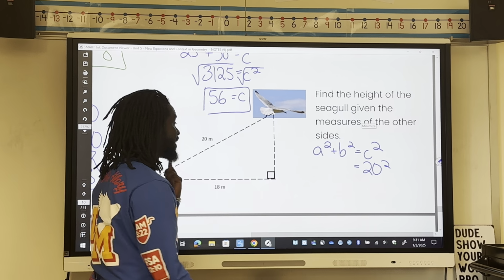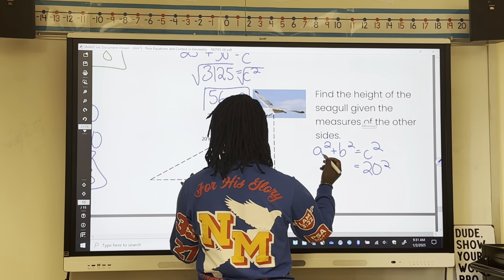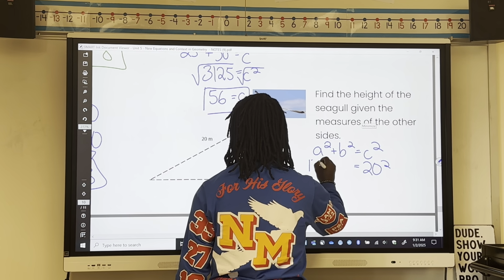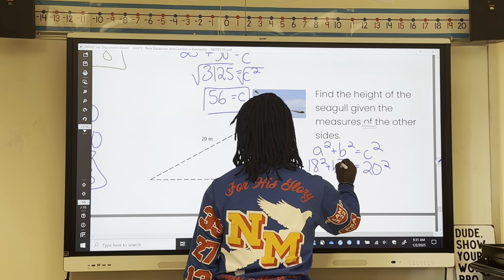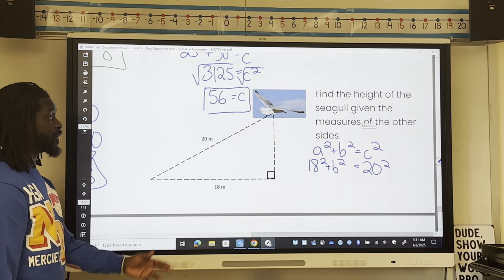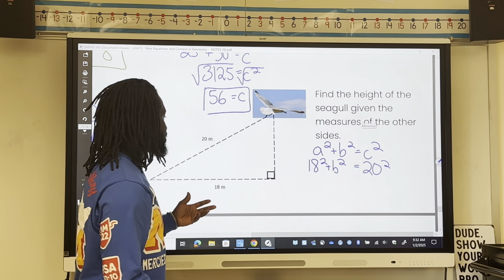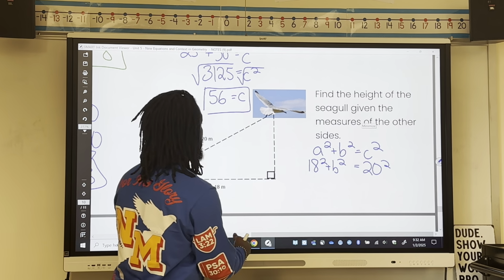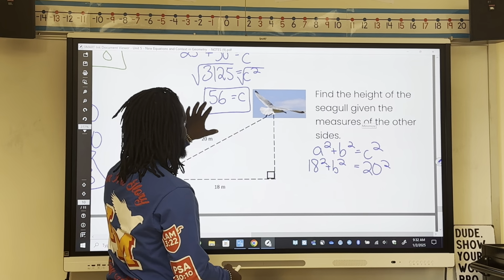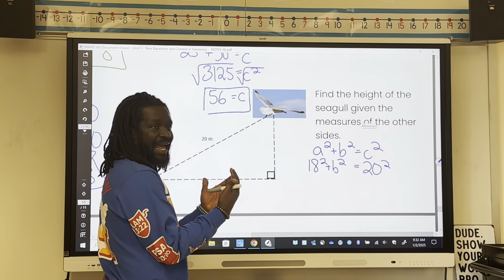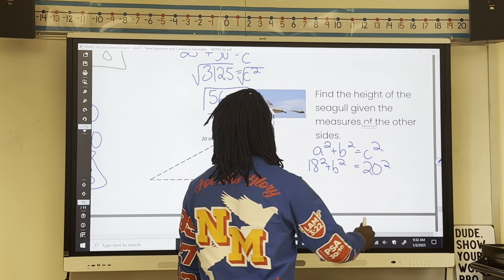And then the 18, we'll say that's the B, or the A, it doesn't really matter. I have to figure out what the B equals. Because I already have the hypotenuse, instead of adding, this time I'm going to have to subtract.